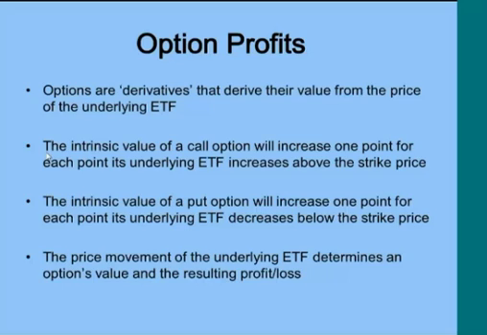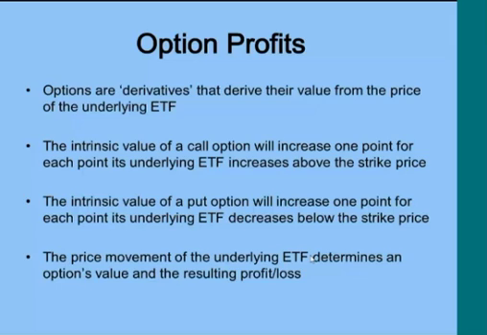And the intrinsic value of a put option increases 1 point for each point the underlying ETF decreases below the strike price. So if you want to profit using options, you have to identify the trend and then determine whether you're going to take a bullish or bearish position.